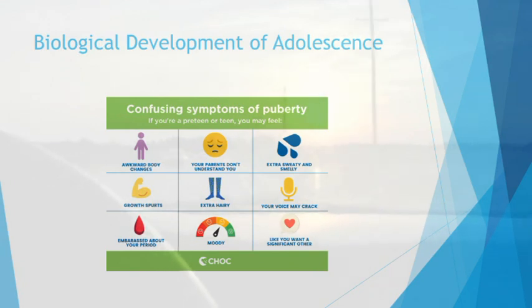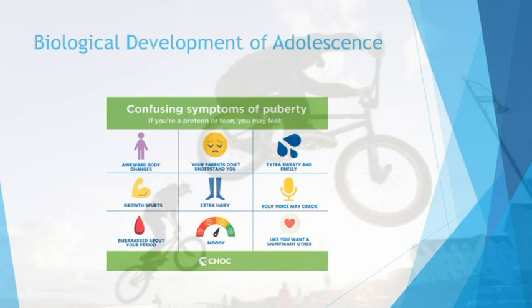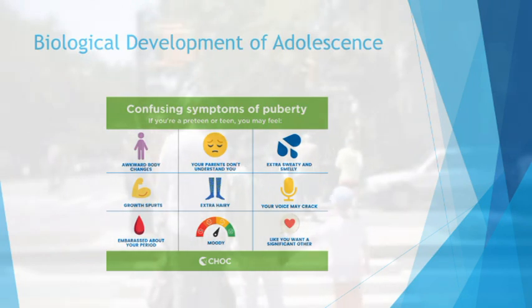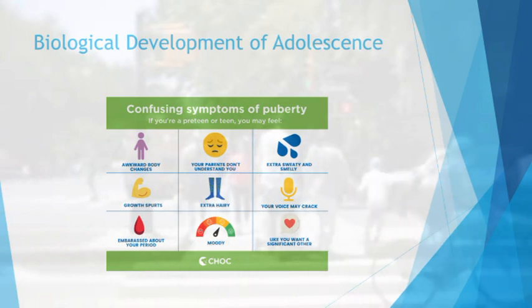And here, hormonal changes play a central role in orchestrating the physical transformations that occur during puberty. We have the hypothalamus, the pituitary, and the gonads all interacting to regulate the production of sex hormones such as estrogen and testosterone, which are responsible for the development of primary and secondary sexual characteristics.